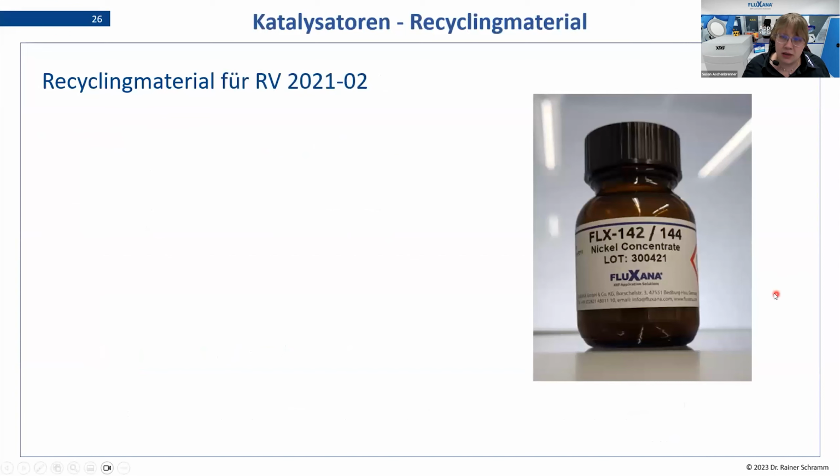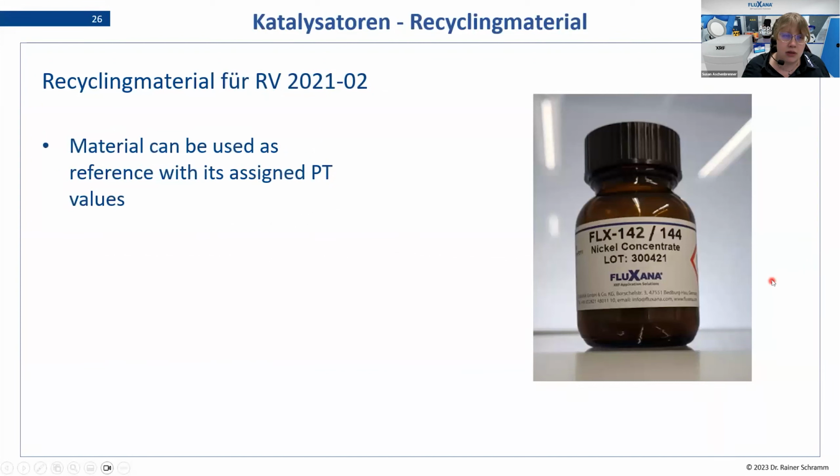So still, even though the results were really bad for some of the components, this recycling material is used as reference with these assigned PT values. Why is that? Because there are simply not so many materials, and there are no several materials available that show similar uncertainties.